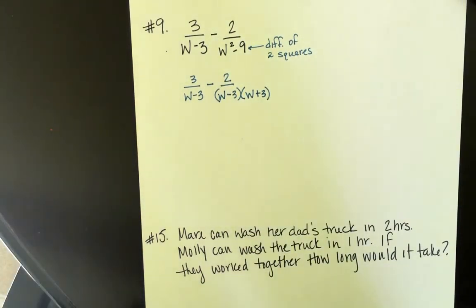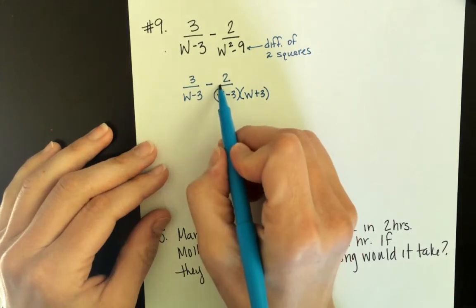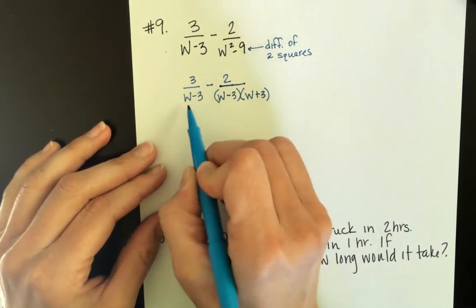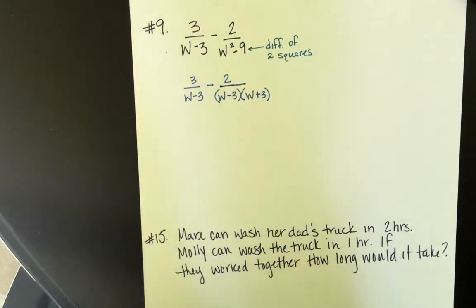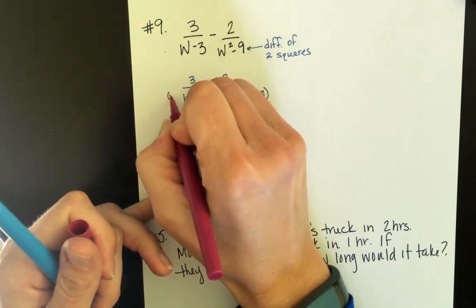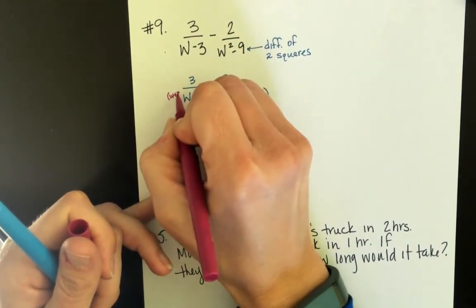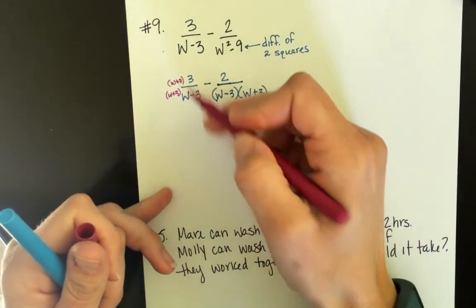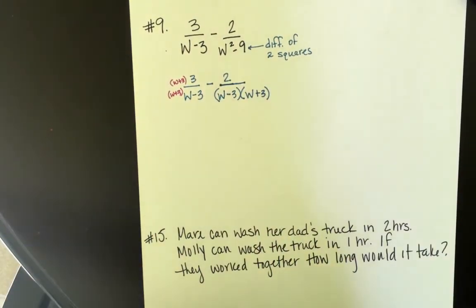So I need to make sure that everything has the common denominator. Well, right now, this one has both, but this one only has w minus 3, which means in order for this to work, I have to multiply the bottom by w plus 3, and I have to then multiply the top by w plus 3 so the fraction doesn't change.